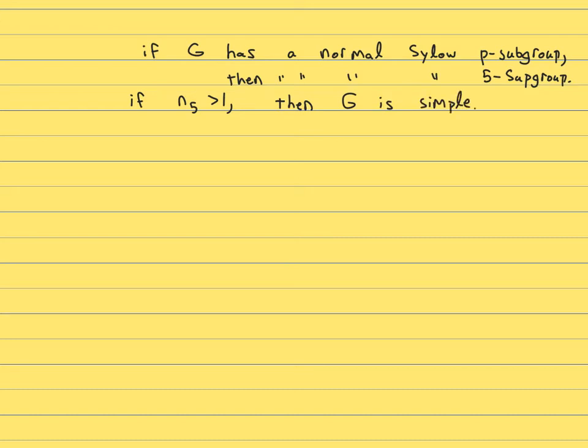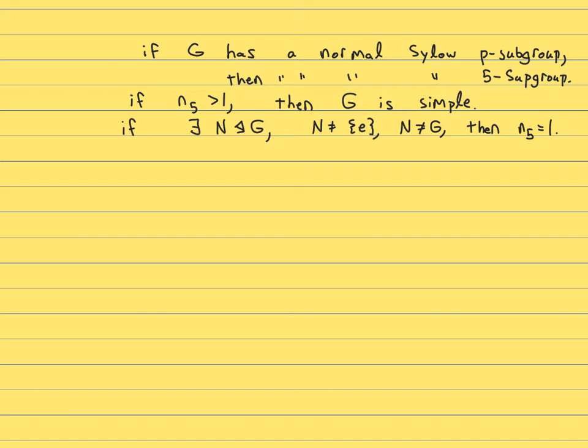Of course, we prove the contrapositive: if there exists a non-trivial normal subgroup of G, which is not the identity and not the whole group, then n5 is 1. As you can tell from what we've done so far, all we really have to show is that there's a normal Sylow subgroup of some kind.